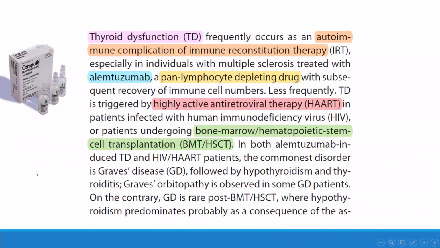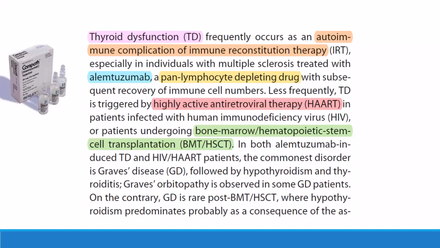For example, alemtuzumab, which is used for multiple sclerosis nowadays. Thyroid dysfunction usually occurs as a complication of immune reconstitution therapy. Alemtuzumab is a pan-lymphocyte depleting drug.